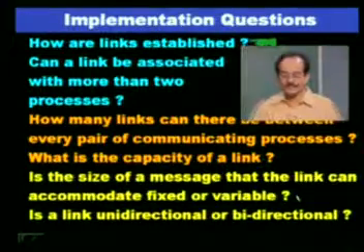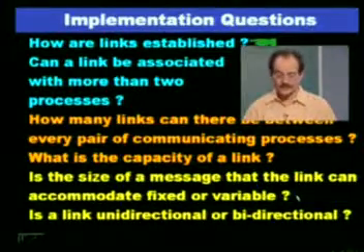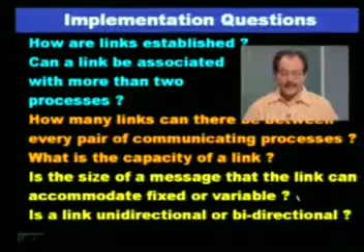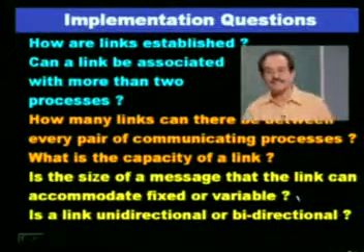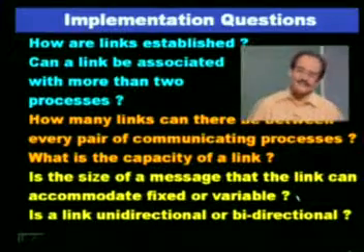Now, once we have this sort of linkages between these processes, the question arises how these links are established. Maybe my next lecture series will answer this question. And once we establish linkages, is it some physical link which is coming up, or just a logical link?